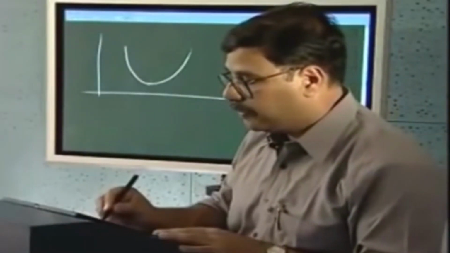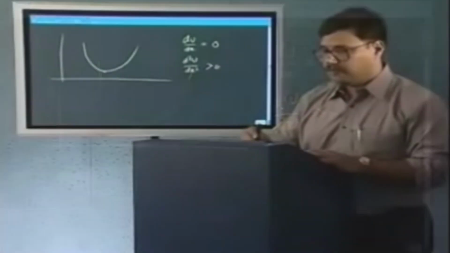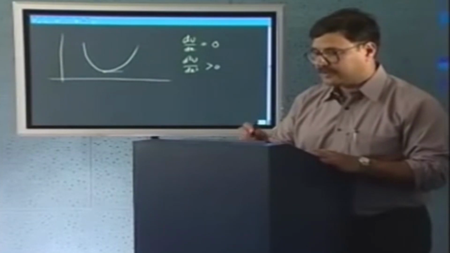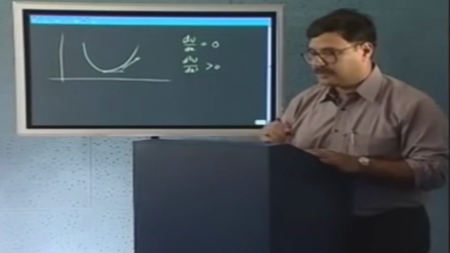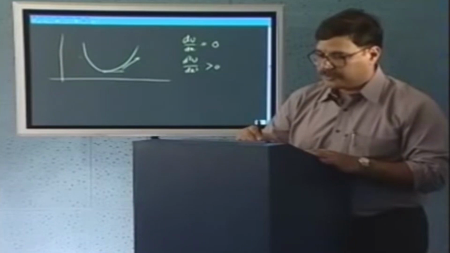Let us look at the minimum. At a minimum, du/dx is again 0 and d²u/dx² is greater than 0, and therefore as you go towards the positive x side, the slope is positive, and on this side the slope is negative.